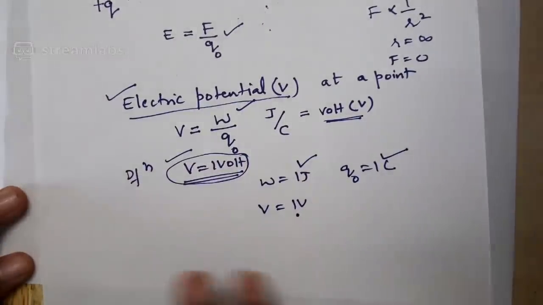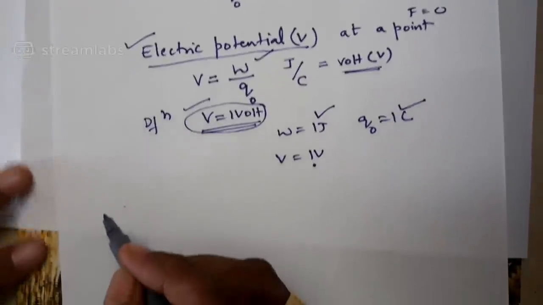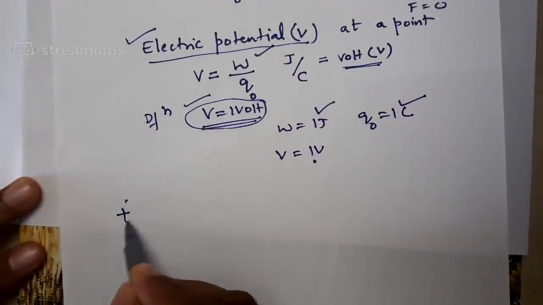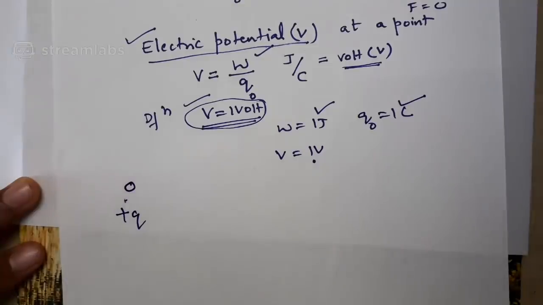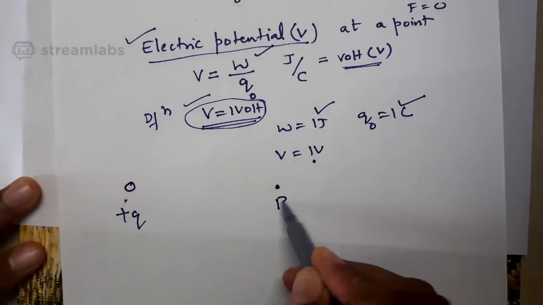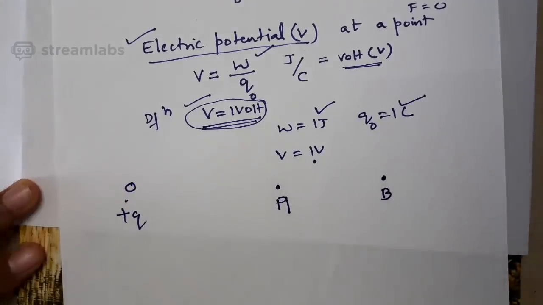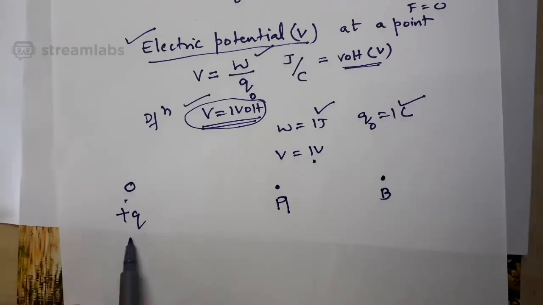I am talking about the same situation, but let us add some additional points for our discussion. So there is the same plus Q charge situated at a point O. Now I'll select 2 points. Let us name those 2 points as A and B. There is a plus Q charge, it is a point charge, and due to this plus Q charge I am able to have an electric field.